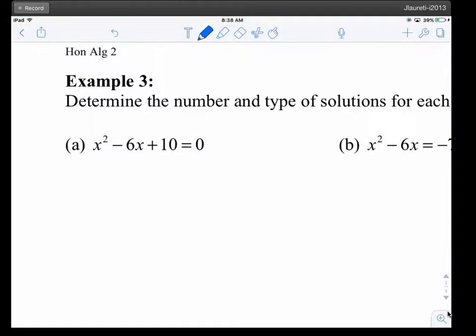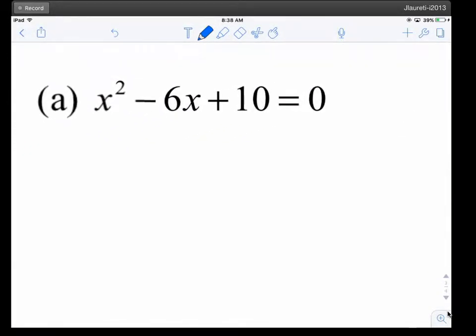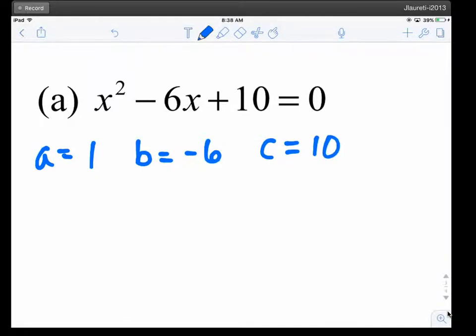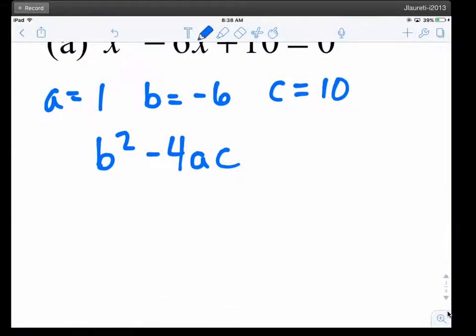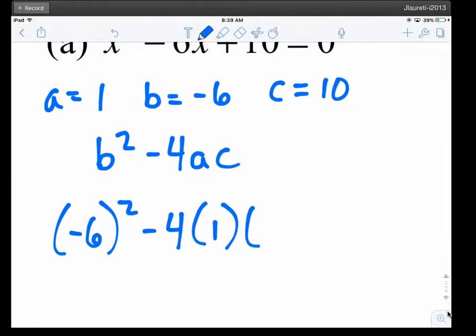So it says determine the number and type of solutions to each equation. I have A is equal to 1, B is equal to negative 6, and C is equal to 10. So I want to do b squared minus 4ac. I have negative 6 squared minus 4 times 1 times 10.